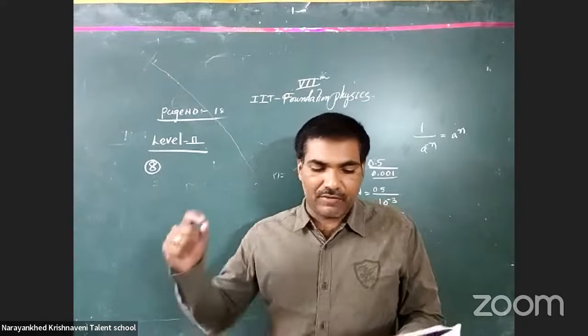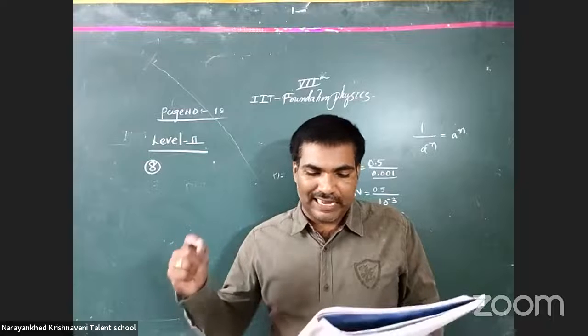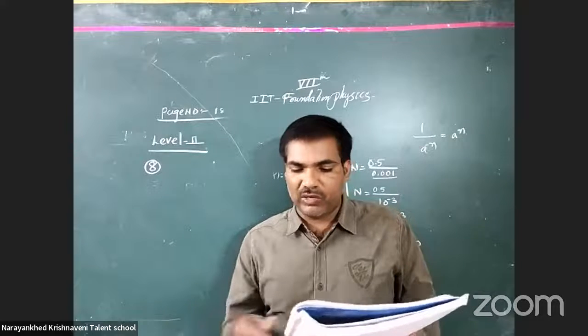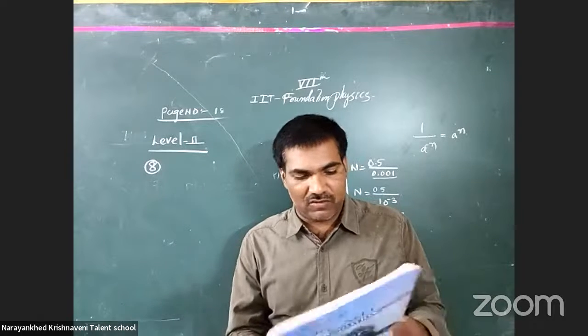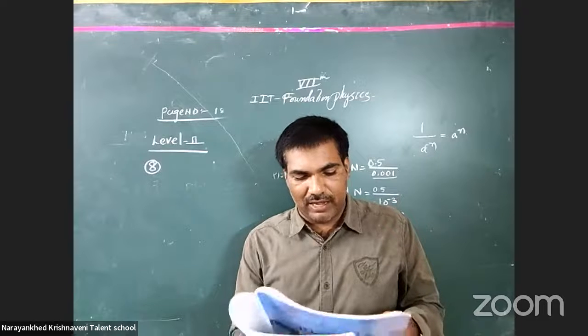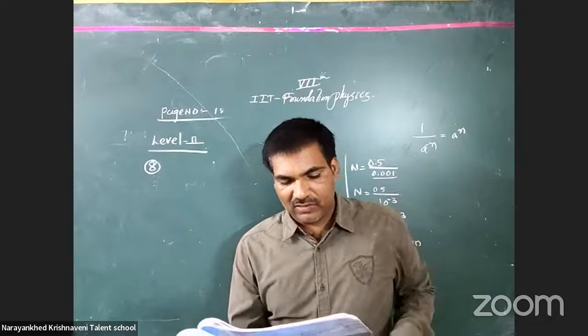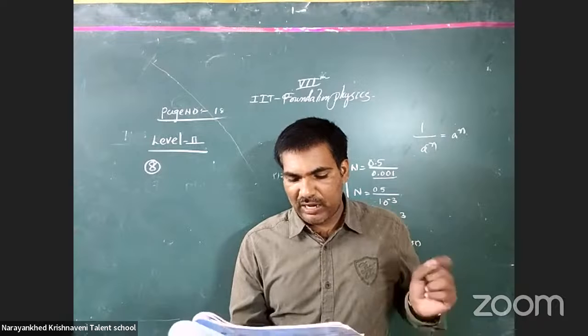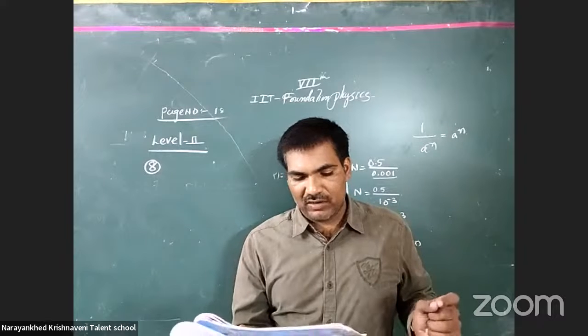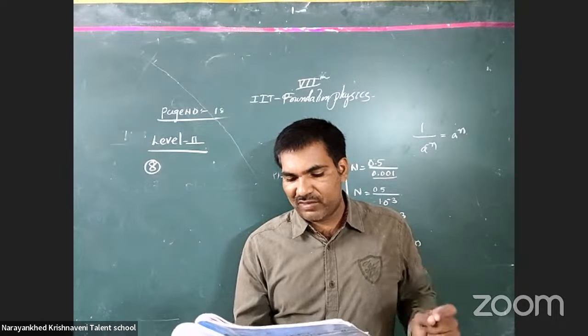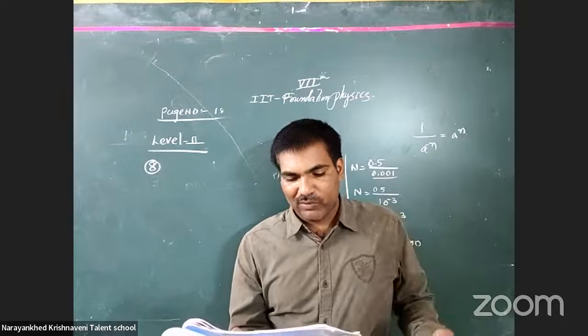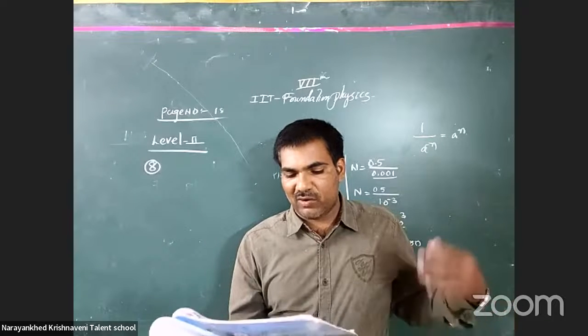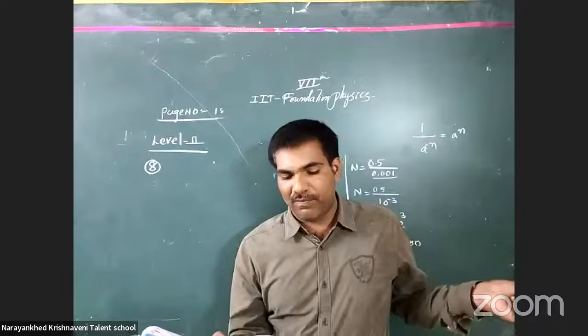Vernier calipers having 20 divisions on the sliding scale which coincide with the 19 divisions of the main millimeter scale. Next, a screw gauge having pitch 1 millimeter, containing 50 divisions on the circular scale. A vernier least count is 0.01 mm.